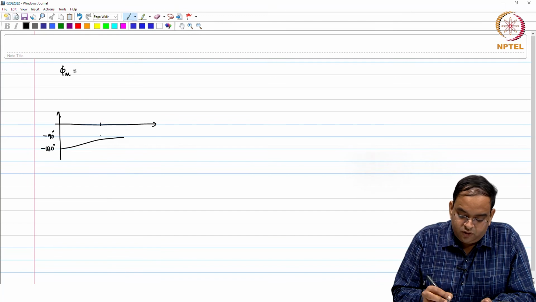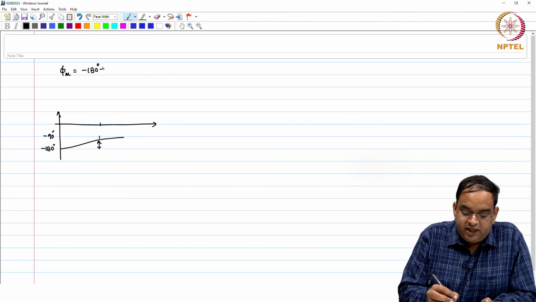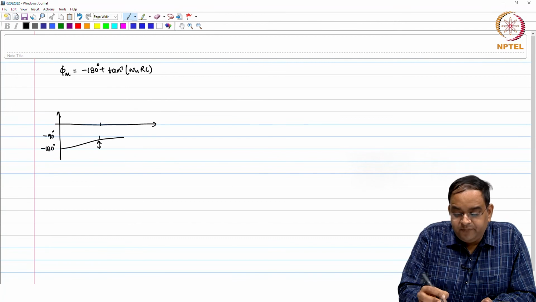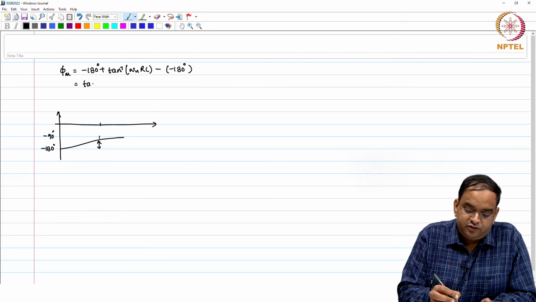Okay. So, given the omega u frequency, this is the value which we need, which is going to be minus 180 degree plus tan inverse of omega u R C minus of minus 180 degree, which is tan inverse of omega u R C. Okay.